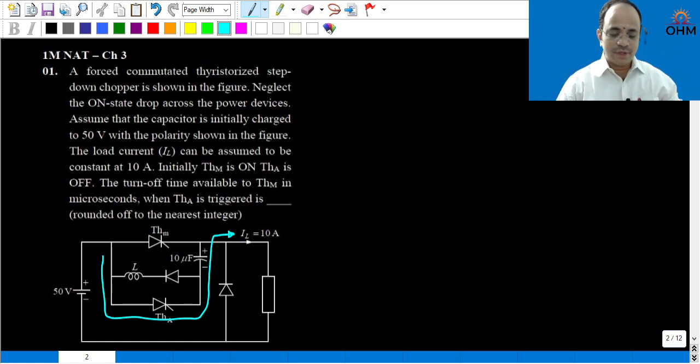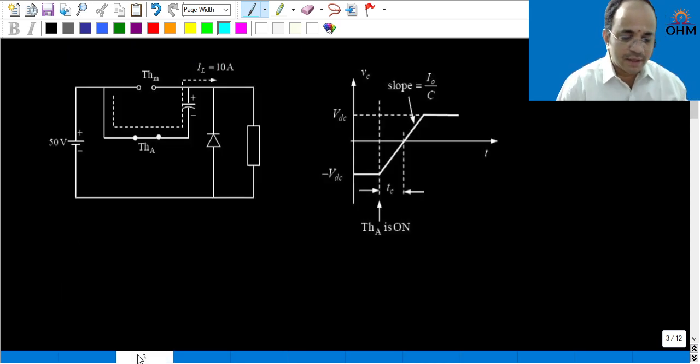So when constant current is flowing through the capacitor, what happens to the voltage across the capacitor? It will vary linearly with a slope of that current divided by the capacitance value. Then whatever capacitor voltage is there, that will directly apply across the main thyristor. So just for our clarity, I can represent it in this diagram. Now notice this diagram.